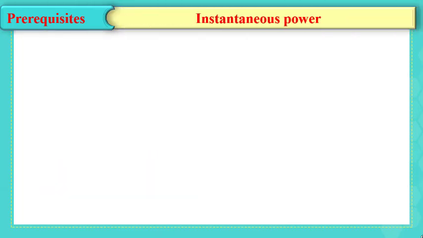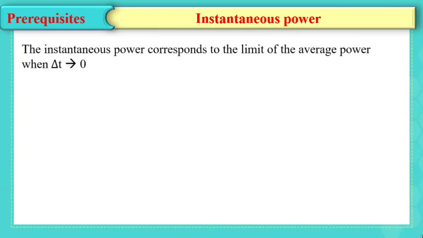The instantaneous power corresponds to the limit of the average power when delta T tends to 0. So we say the instantaneous power is the limit of delta work over delta T, the limit of P average as delta T tends to 0.